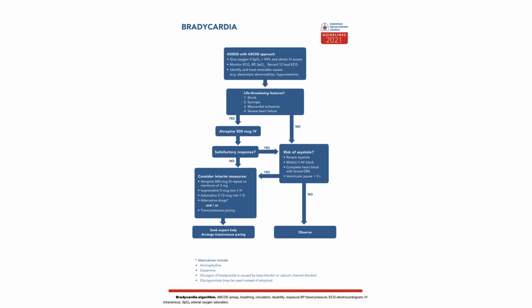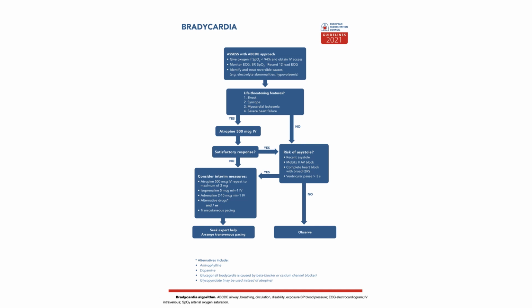Usually you go up to the level where you get electrical capture, and then you confirm mechanical capture through your saturation. You can just look at the saturation and see there's a pulse. That's a good trick. Otherwise, you can see it with POCUS, or you can measure it by old-fashioned manual palpation.